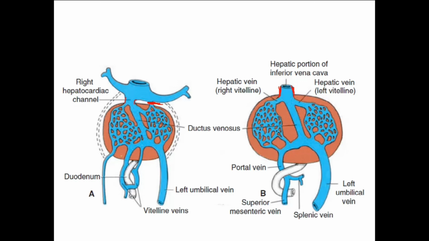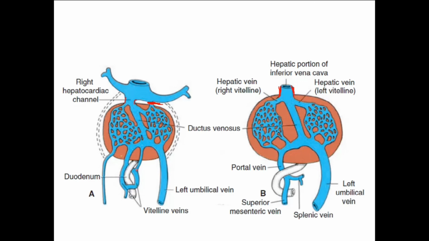One thing more you can see is that this channel is receiving within the liver two hepatic veins, which are formed when these hepatic sinusoids fuse together or collect at one point and form the hepatic veins.